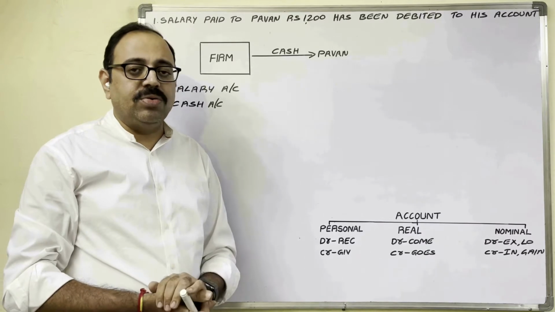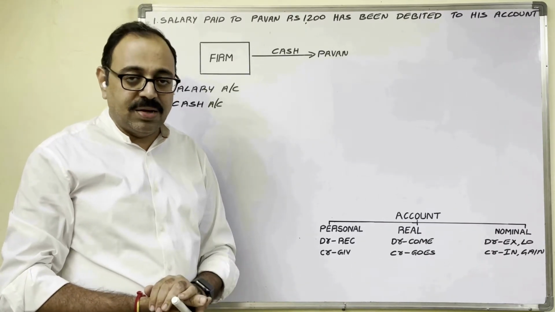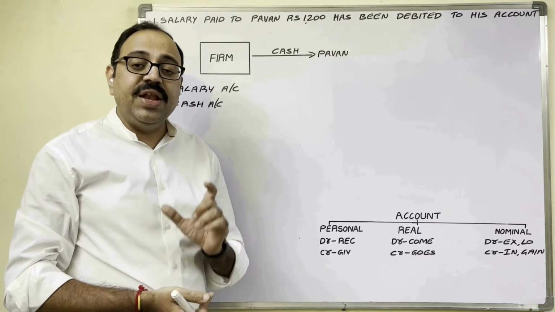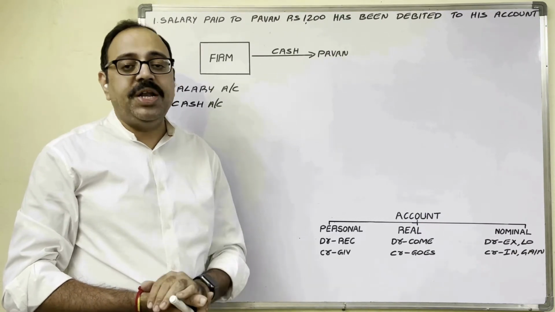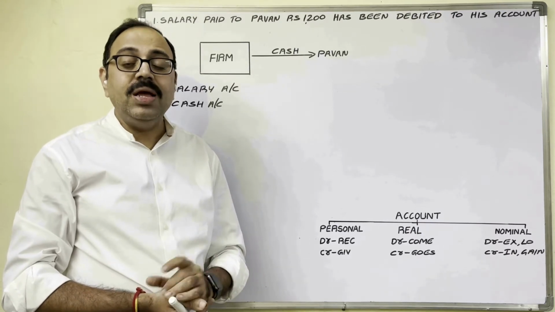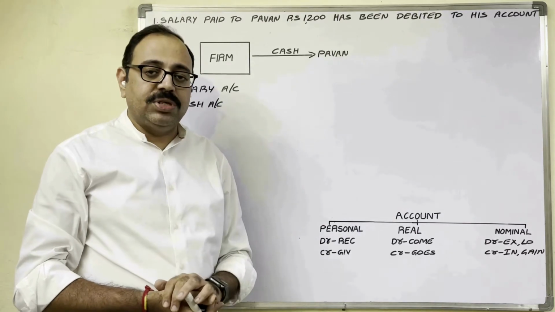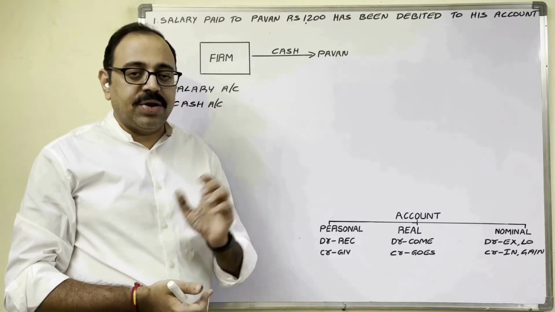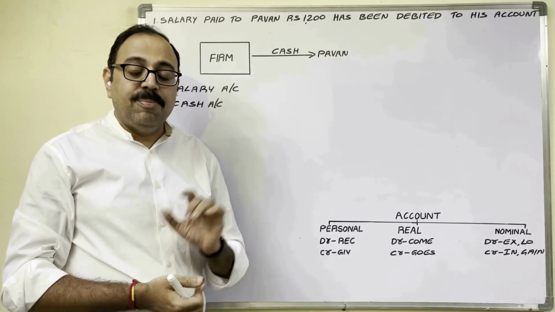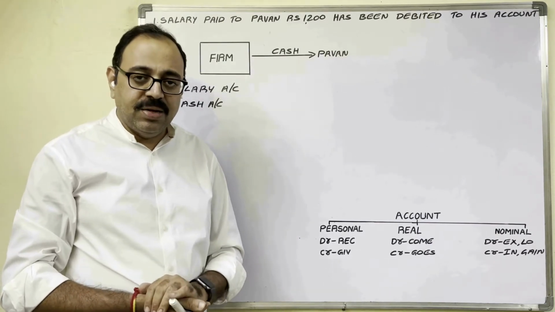Suppose machinery account, building account, furniture account, etc. Nominal accounts: if any account is opened with an expenditure name, loss name, income name, gain name or profit name, it is a nominal account. Suppose salary account, rent account, bad debt account, commission received account, etc.